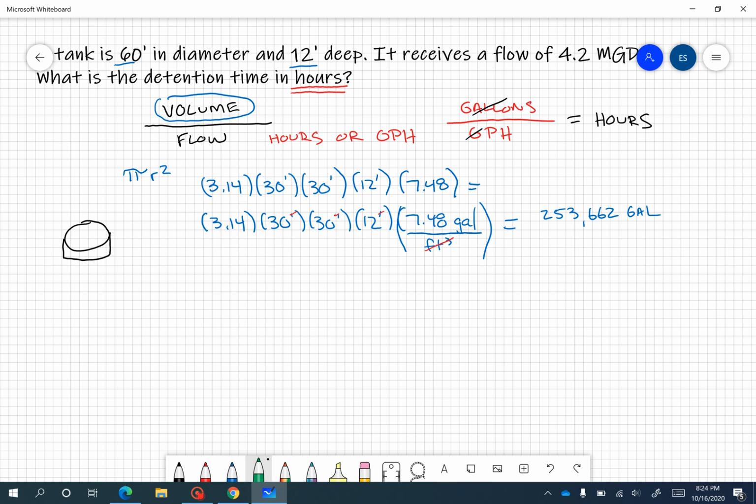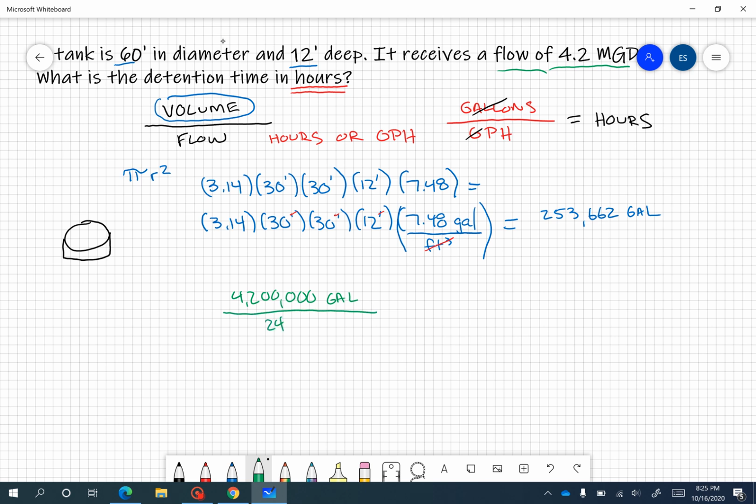Next, I have to calculate my flow, 4.2 mgd. So 4,200,000 gallons per day. But I want to convert that to hours.